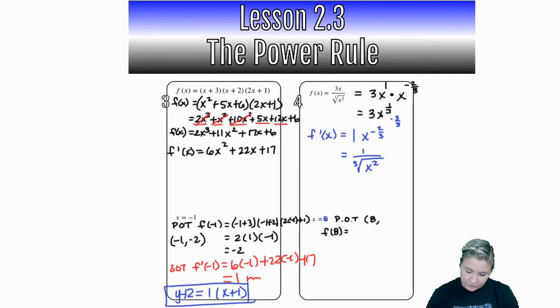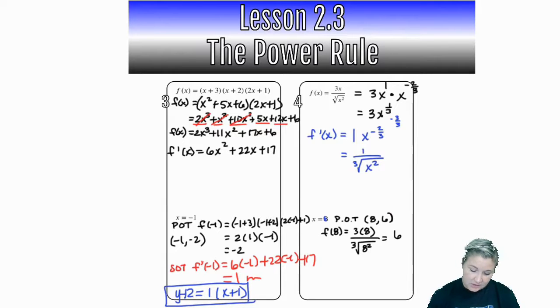So I have 3 times 8 divided by the cube root of 8 squared, which ends up being 6. So my point of tangency is going to be at 8, 6.